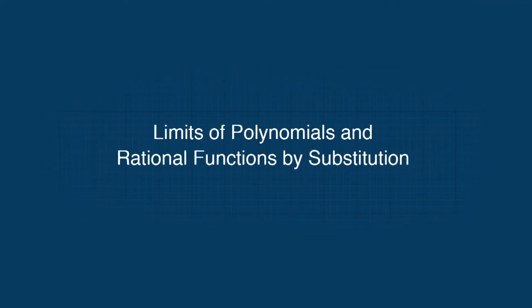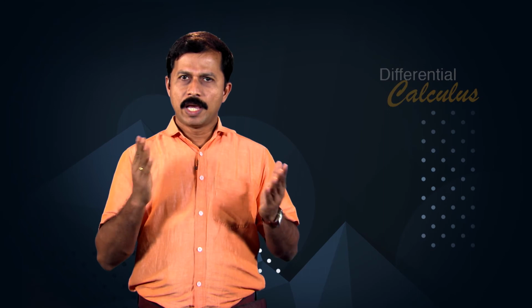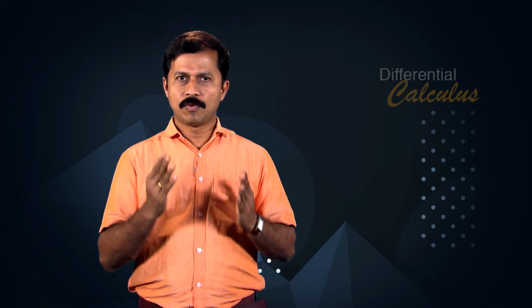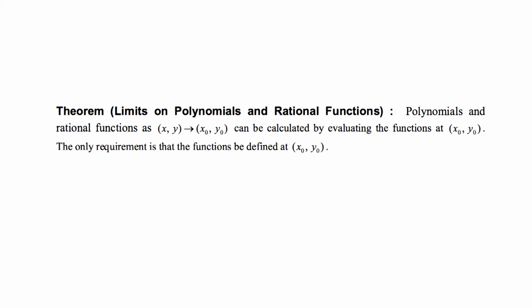Limits of polynomials and rational functions by substitution. As in the above example, using the known limits of functions of one variable and limit laws of functions of two variables, we obtain the following useful result. Theorem: limits of polynomials and rational functions.